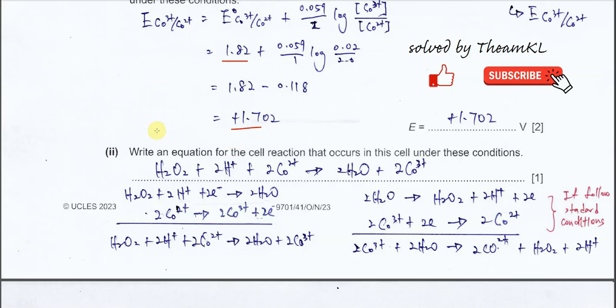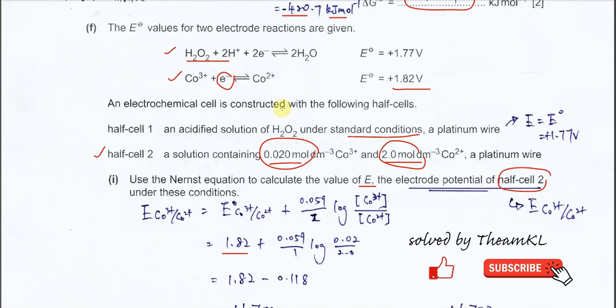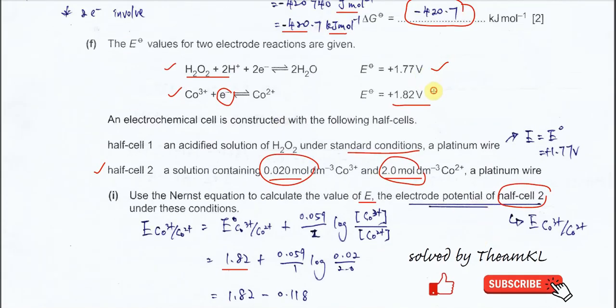Part 2. Write an equation for the cell reaction that occurs in this cell under this condition. Let's say the reaction happens under standard condition, means this one and this one are all under standard condition, all 1 mole per dm cube, they will follow this potential.